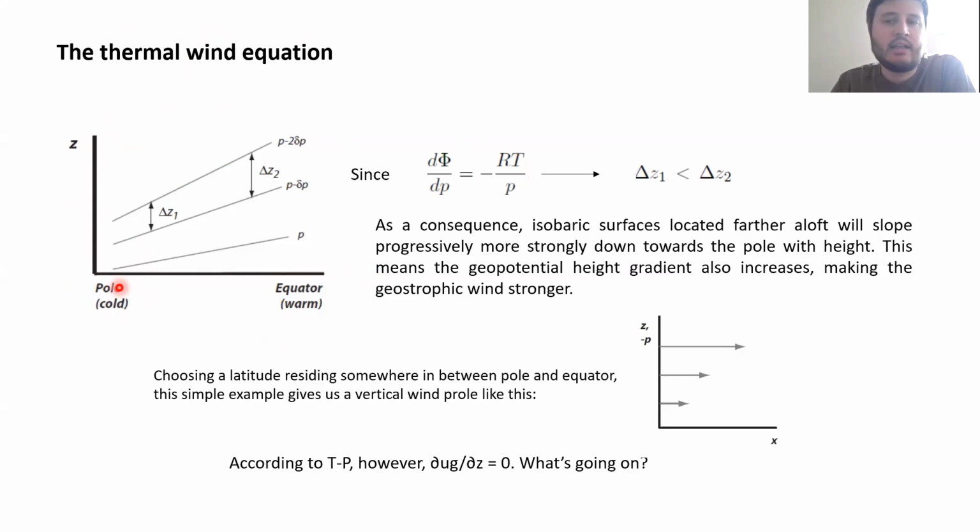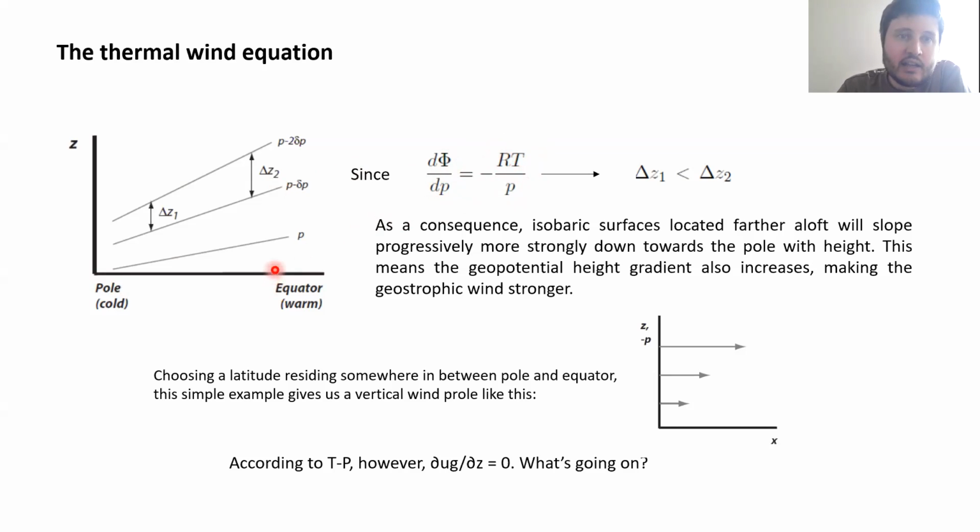The poles are colder. Remember, by the hypsometric equation, the change of geopotential height, the change of Z, if we divide by g, is proportional to temperature.